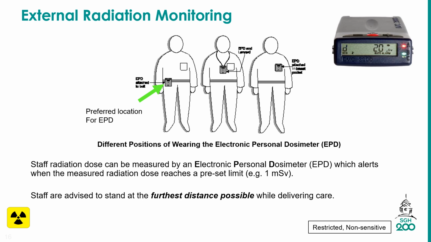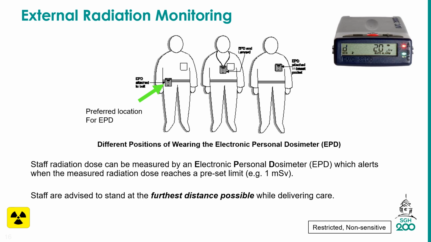We can wear it at our waist level, hang it around our neck like a lanyard, or put it in our shirt pocket, to detect and measure the radiation exposure that we receive from a patient, or from an instrument, or from an X-ray machine, for example.